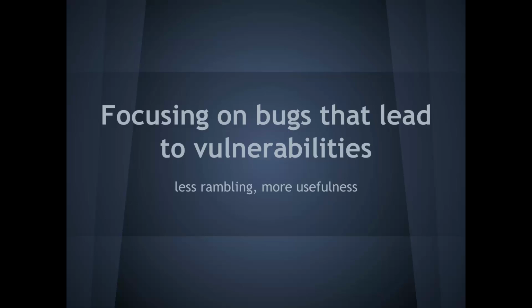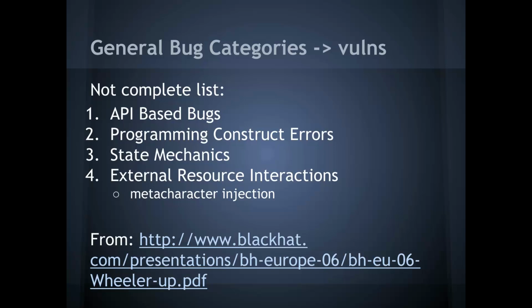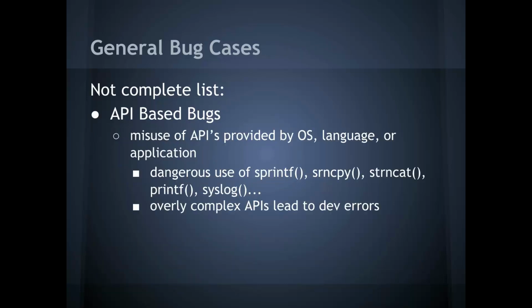You can come up with overall strategies for attacking those, but the list I have here comes from a Black Hat presentation in 2006, and they roughly correspond to the seven kingdoms that were described earlier. But these four are often the heavy hitters for binary application bugs, which are really the topic of this week and today's lecture.